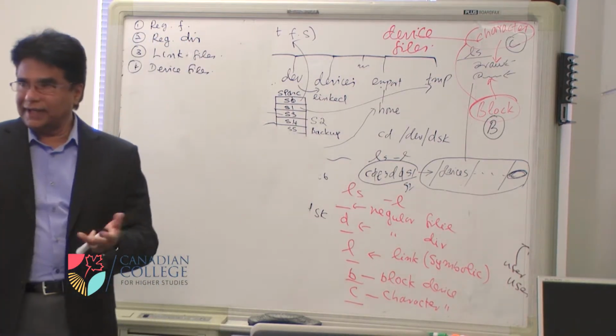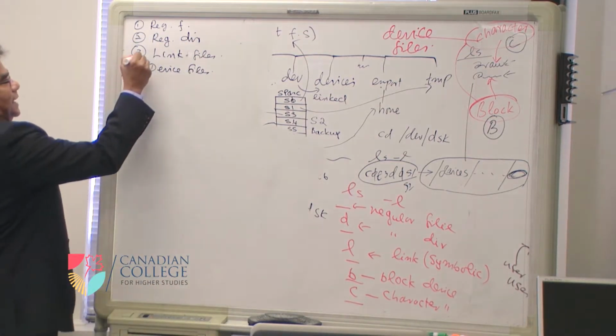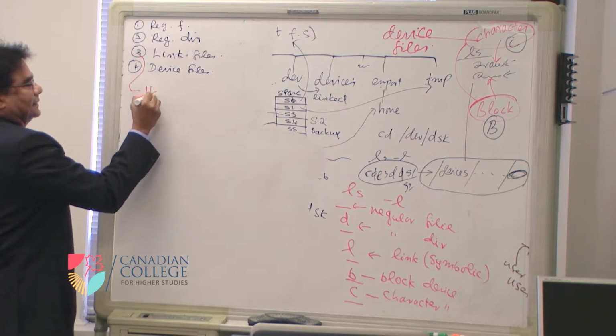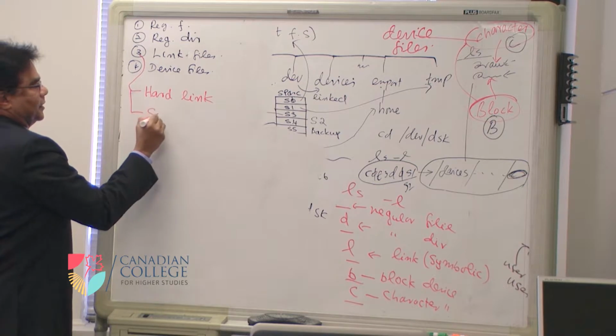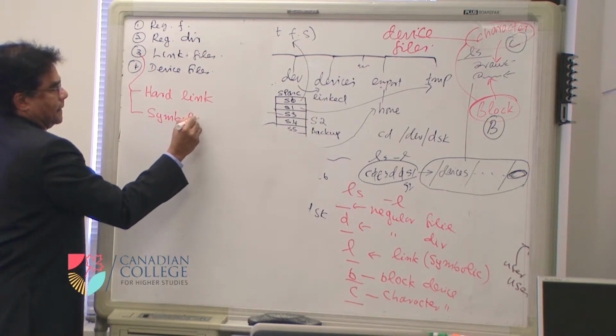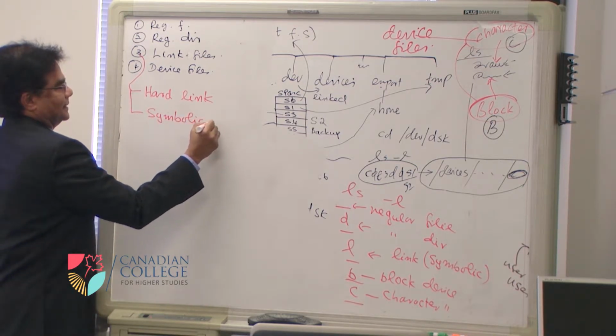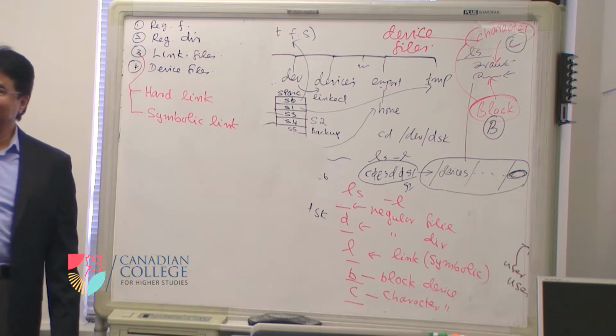I used the word in the last class, right? So there are two types of links. Hard link and symbolic link. Symbolic is soft.